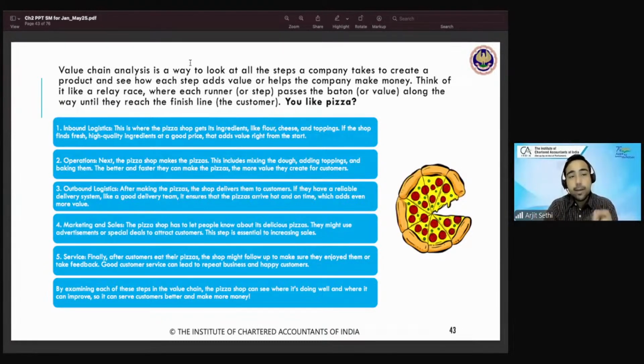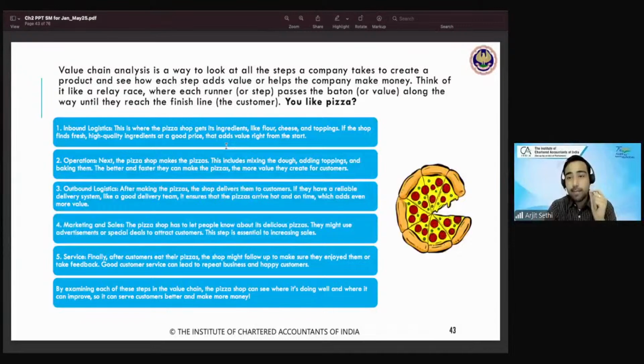Now, inbound logistics. This is where the pizza shop gets its ingredients like cheese or toppings and all vegetables, right? If the shop finds fresh, high quality ingredients at a good price, that adds value right from the start. We're doing a value chain analysis for a pizza shop.